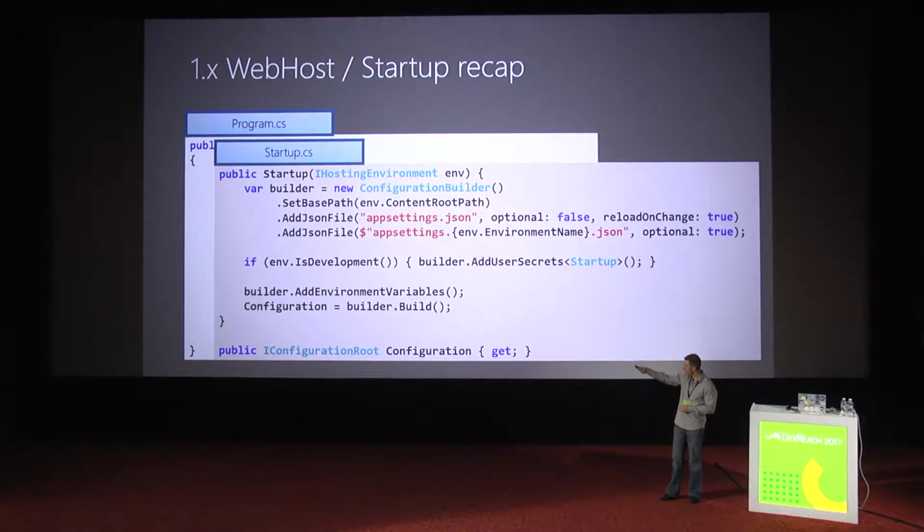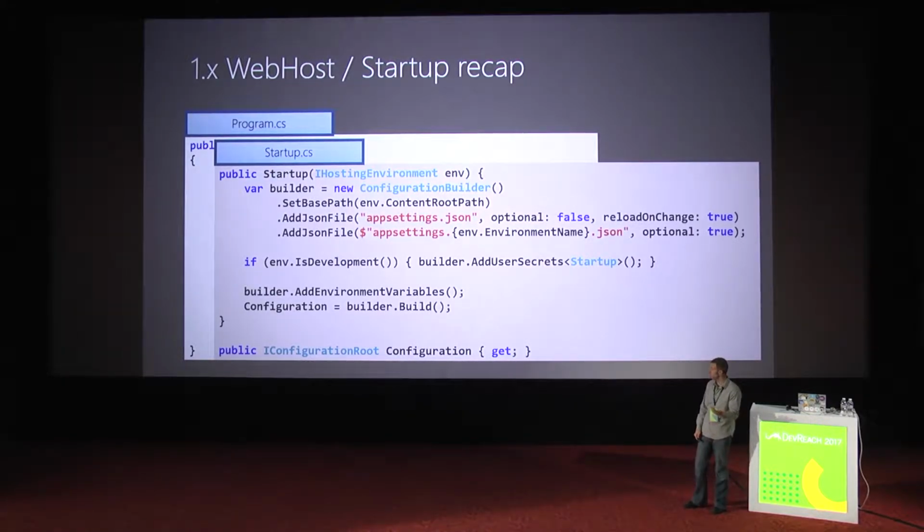And you see the line here that says builder.AddEnvironmentVariables. Well, you know, again, why should we have to include that code in all of our ASP.NET Core applications? That's a really useful feature that we're probably going to use in every app we create. So you get the point. There was this common theme that we're making developers include boilerplate code that really never changes across apps. This is something the team set out to address in 2.0.